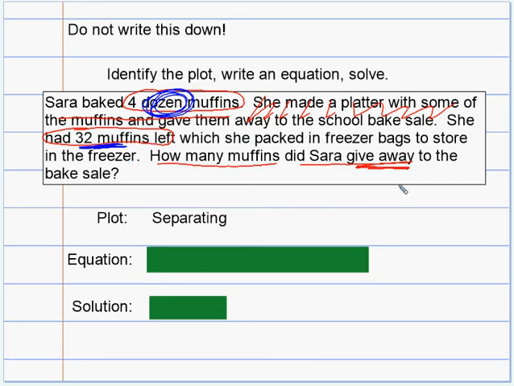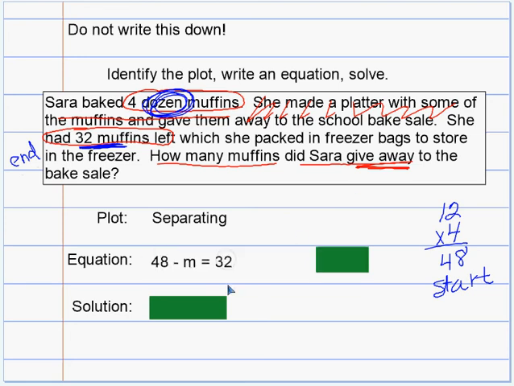So hopefully you know that a dozen is 12. So 12 times 4 is 48. So that's our starting amount. 32 muffins left, that's the end amount. And the amount we give away is in the middle. So our equation should be 48 minus m, and I used m for muffins, equals 32.